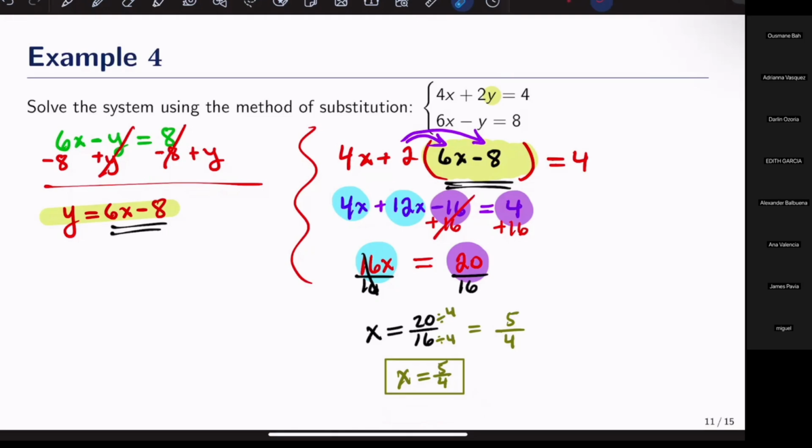We are not done though, because now we need to solve for the numerical value of y. So we're going to go back to this chunk that we started with, and now wherever we see an x, we are going to fit in our 5/4, which we solved for a little earlier.